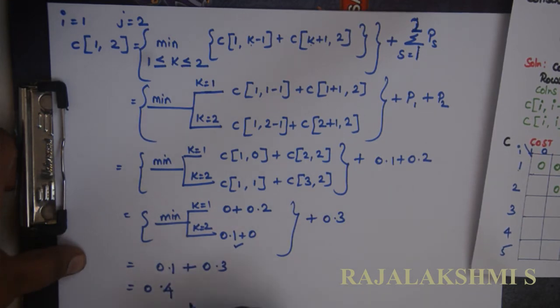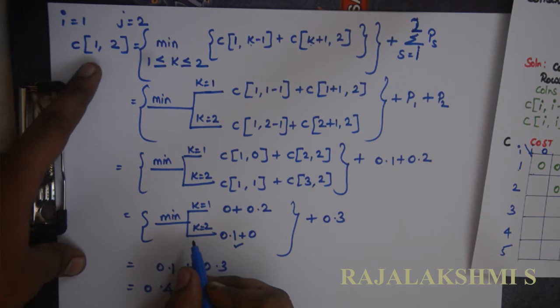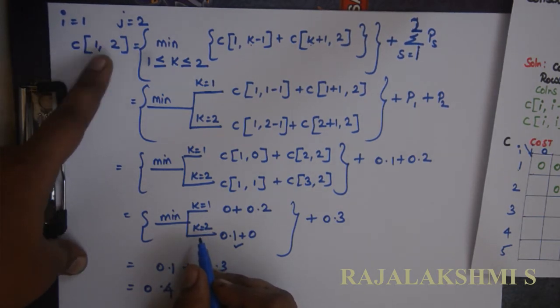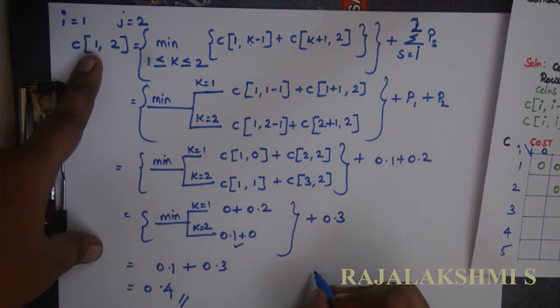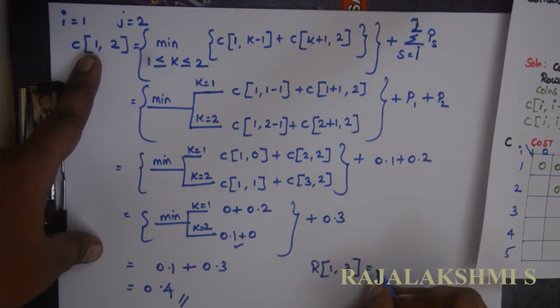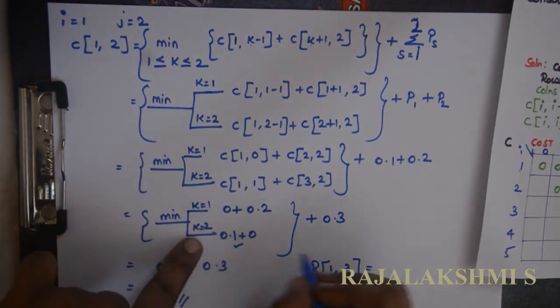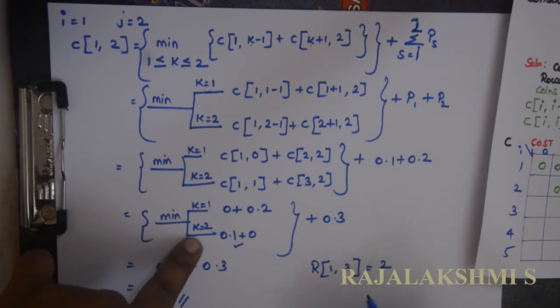So now the thing is that at what value of k this is minimum, C of i comma j is minimum. At k is equal to 2 we are having C of i comma j is equal to minimum, right? So r of 1 comma 2 is equal to k at which this is minimum. So at k is equal to 2 we are having the minimum value. So r of 1 comma 2 is equal to 2.